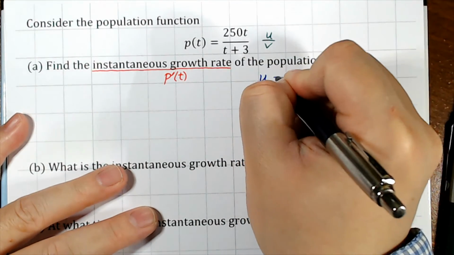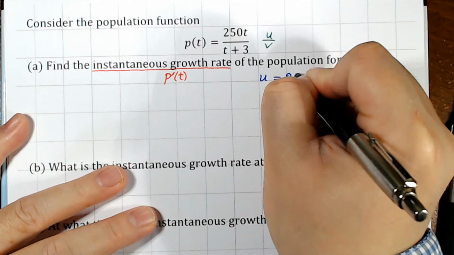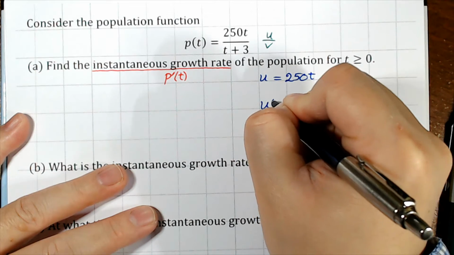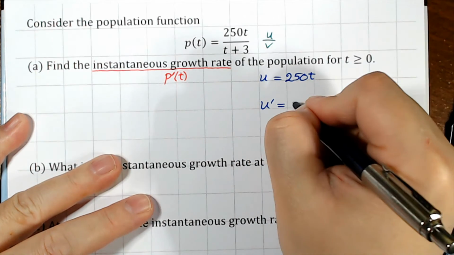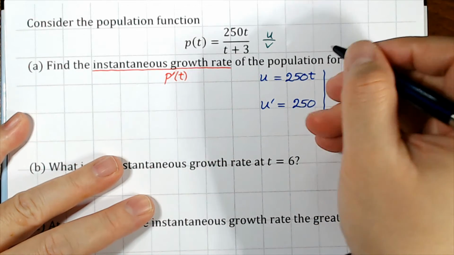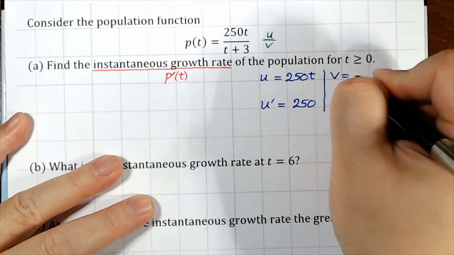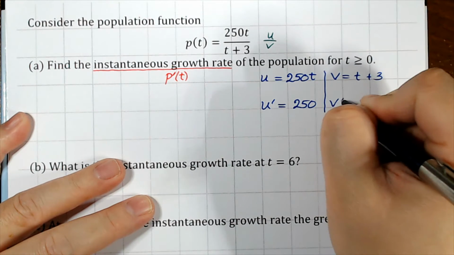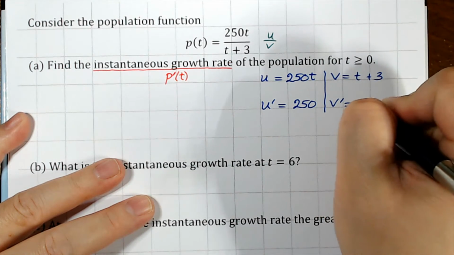Let u equal 250t, so u prime is equal to 250. V is t plus 3, and the derivative of that, v prime, is 1.